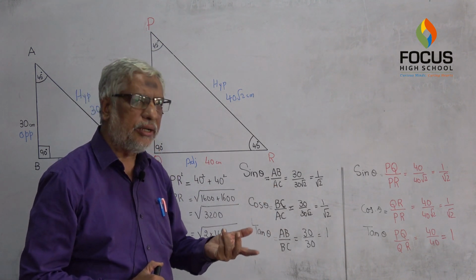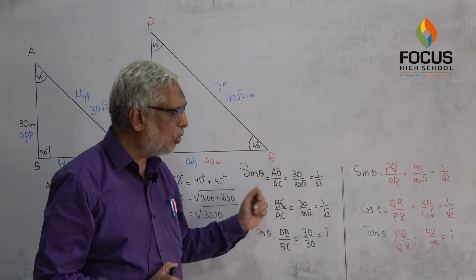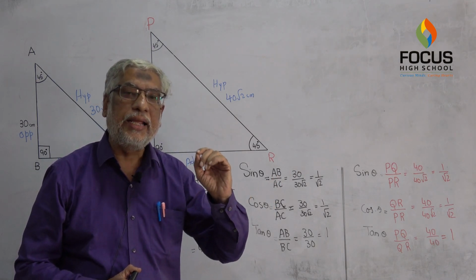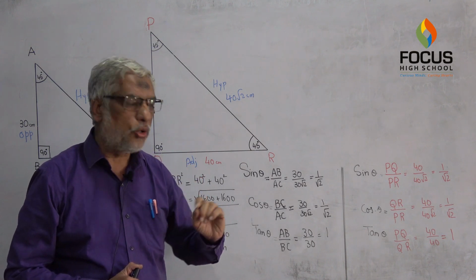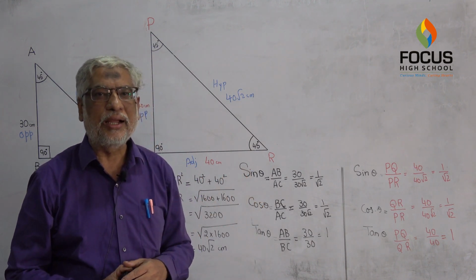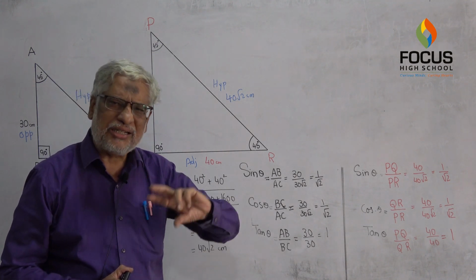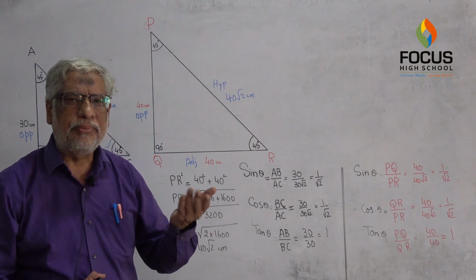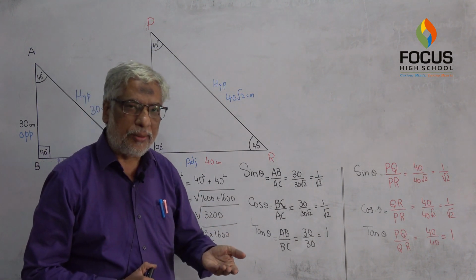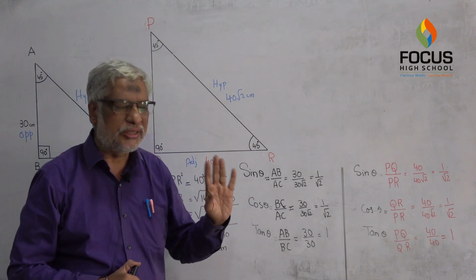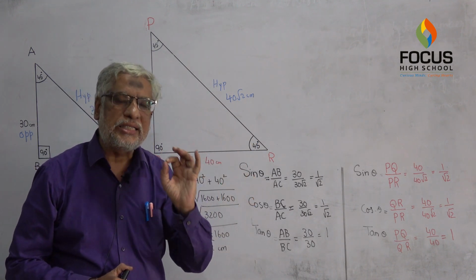If I reverse it and write it as AC upon AB, then there is another name for it. Reciprocal of sine is cosec, cosec of the angle theta. The ratio is the same, just the other way round. In place of hypotenuse, opposite side will come, in place of opposite side, hypotenuse will come. So they are one and the same, reciprocal to each other.